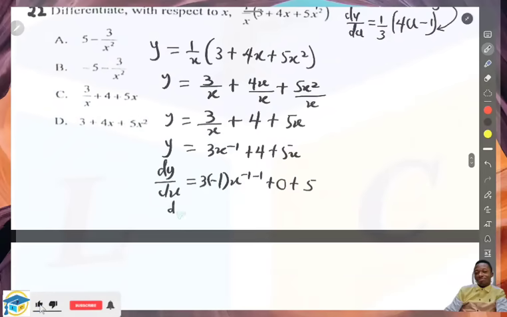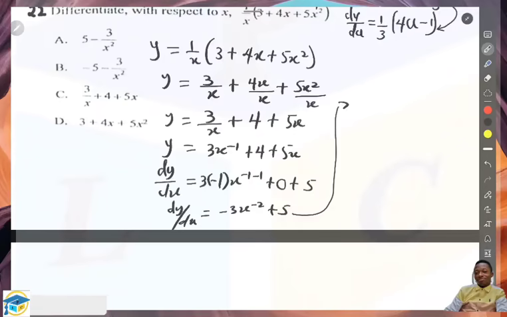At the end of the day, dy over dx is equal to negative 3x to the power negative 2 plus 5. And I can rewrite this as dy over dx equal to negative 3 over x squared plus 5.